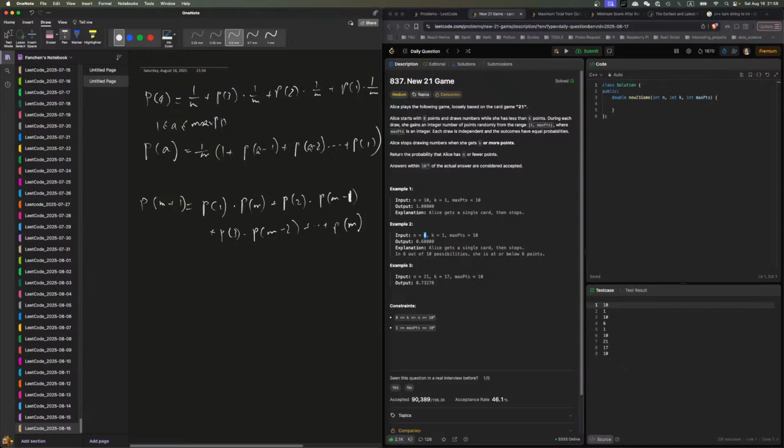Oh, isn't that the same? Yeah, I think it's the same. So yeah, we don't repeat. So that's PM plus 1, and plus 2 is the same thing.